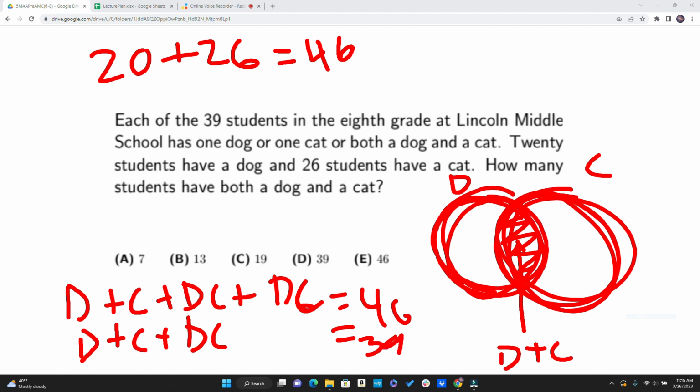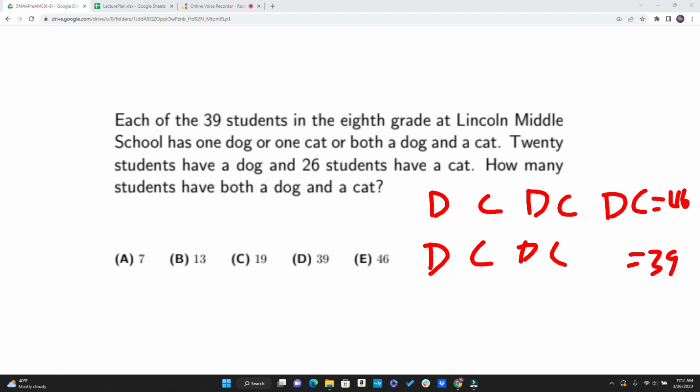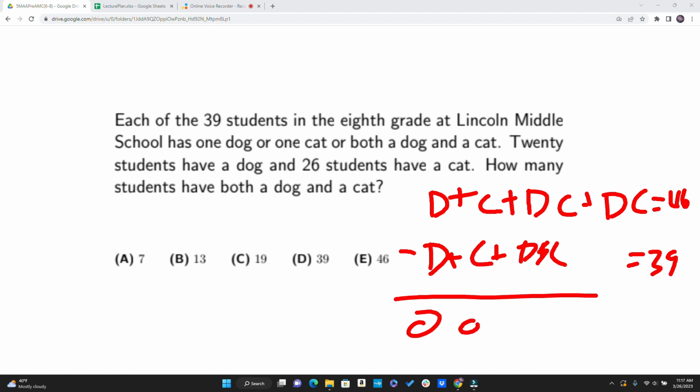So this is from the double count. So if we do the top equation minus the bottom equation, we would get dog minus dog, so no dog, cat minus cat, dog cat minus dog cat, and then we're left with a dog cat. The people who have both a dog and a cat equals 46 minus 39. That's 7 people have both a dog and a cat.